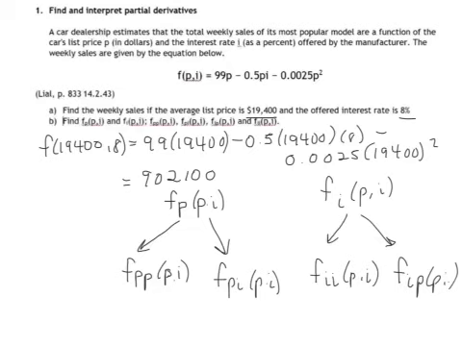So when you have the first derivative with respect to P, that means that you are taking the derivative with respect to P and then you're keeping all other variables constant. So you're considering them as if they were constants. And we know that the derivative of a constant is 0. And then from there we can take the second derivative with respect to P again.